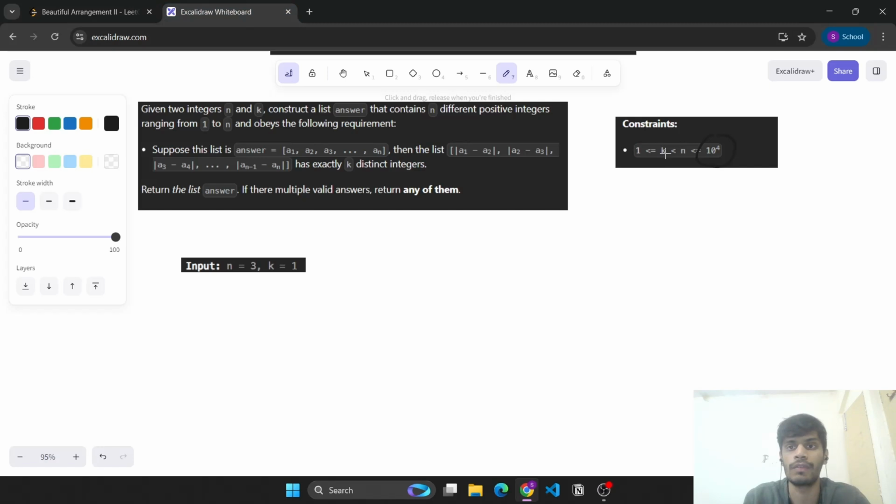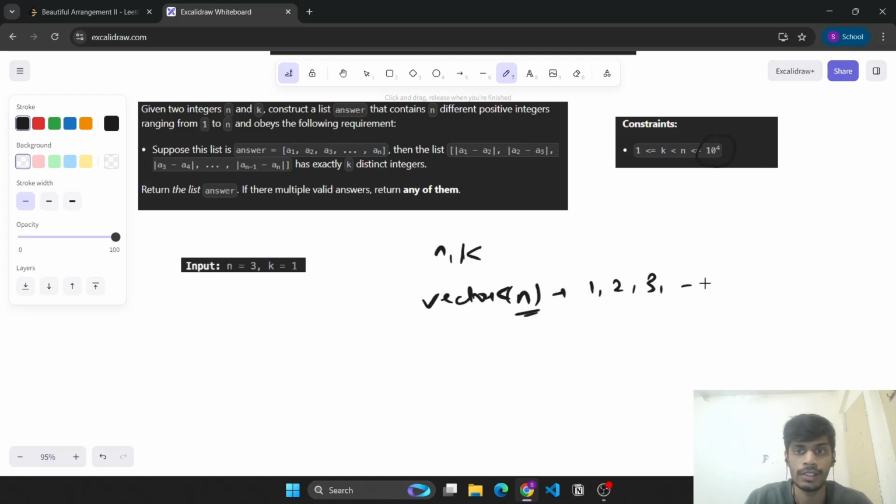We are given two variables n and k, and we need to construct a vector of size n which has all the distinct integers from 1 to n.